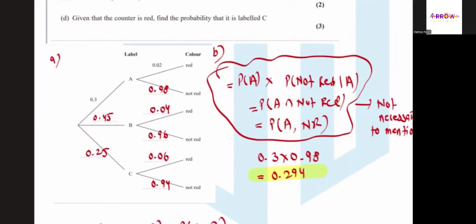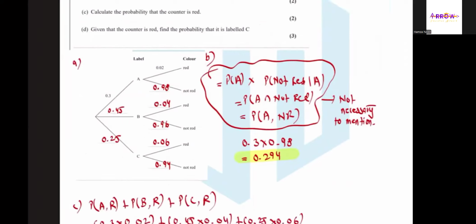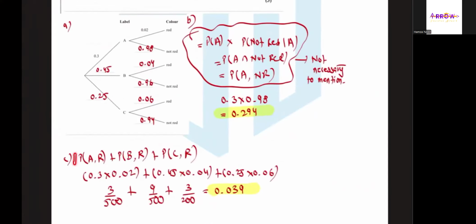Okay. So either when it is from A or B or C. So these three values will be added together. So I've just mentioned this in a symbolic way like this. Okay, AR, BR, or CR. Either A and then red, or B then red, or C then red.